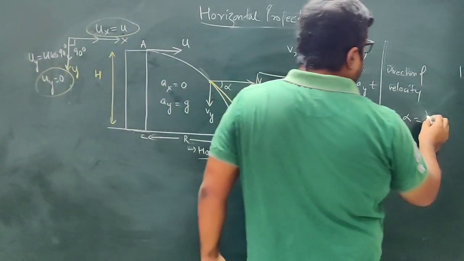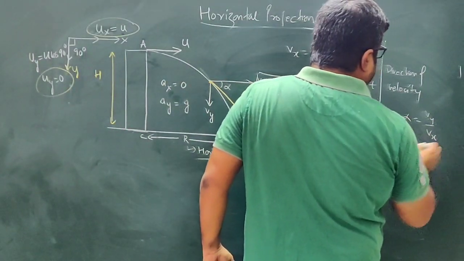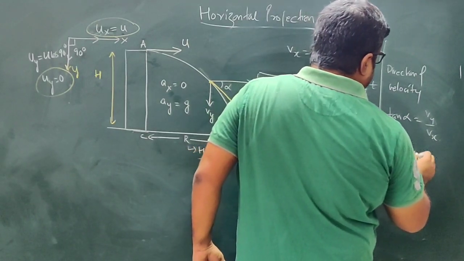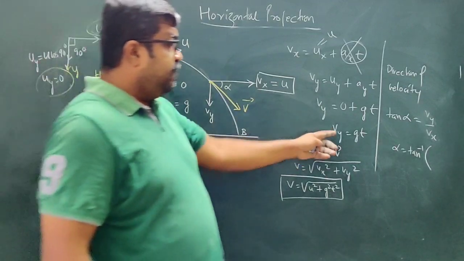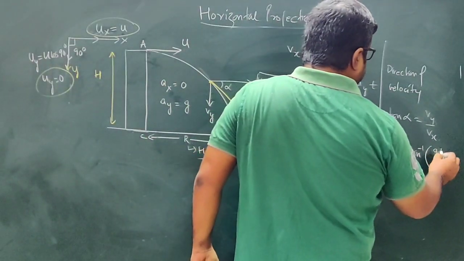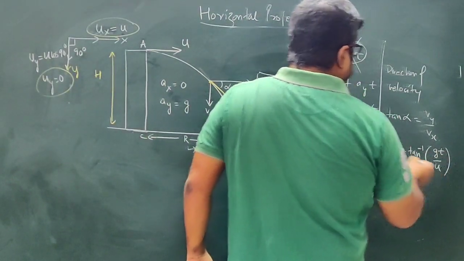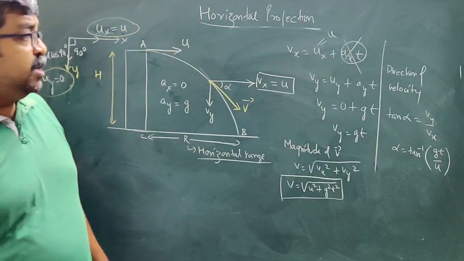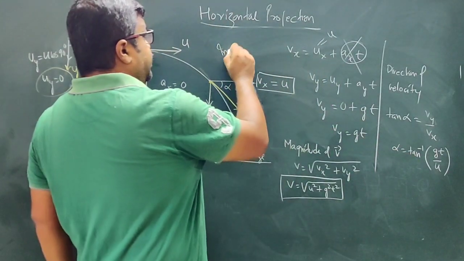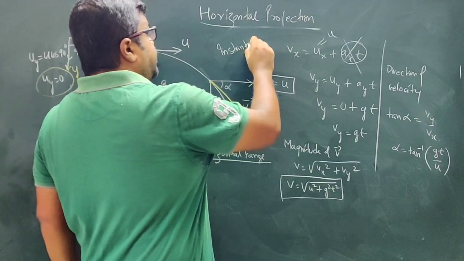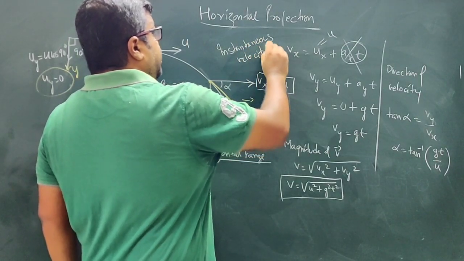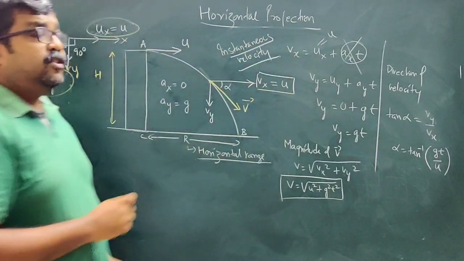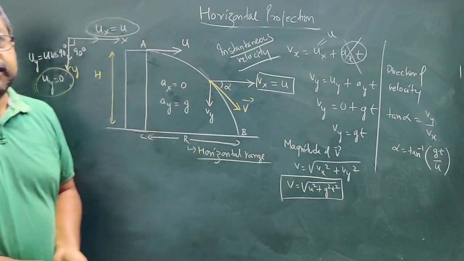So tan alpha is equal to Vy by Vx, or alpha is equal to tan inverse of Vy by Vx. But what is Vy? Vy is gt. So alpha is tan inverse of gt by u. From this you can find the direction of velocity. So this is how you can calculate the instantaneous velocity, that is velocity at any arbitrary point along the trajectory.